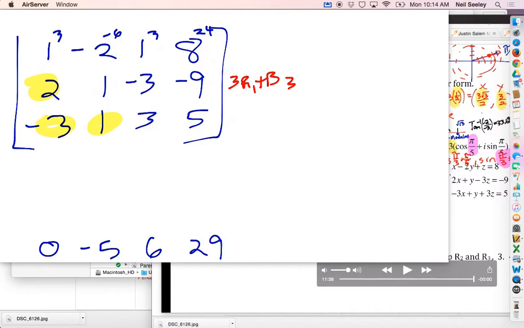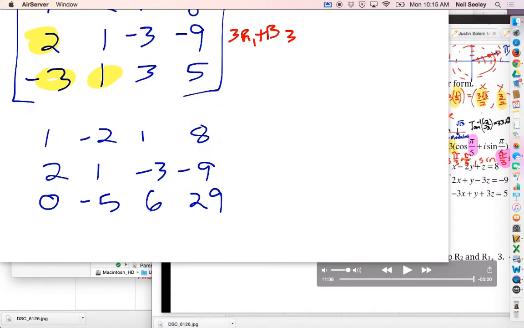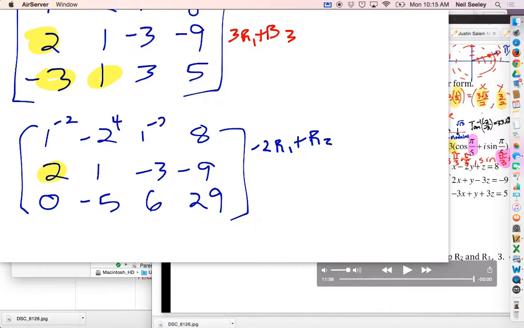And then rewrite. And 1, -2, 1, 8. And as you go through that, I think we know we want to go to the 0 in this corner next. So -2 times row 1 plus row 2. And that would make -2, 4, -2, -16.